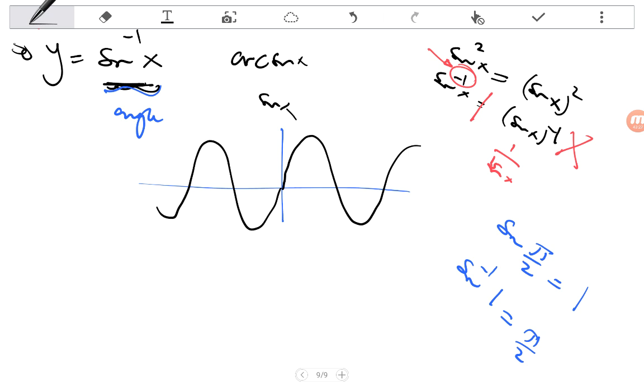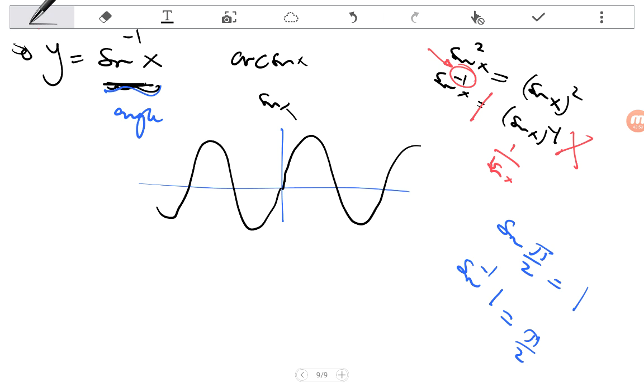So what do I need to do to find an inverse for it? I need to restrict my domain in order to have a domain that is one-to-one and covers the whole range of the function.